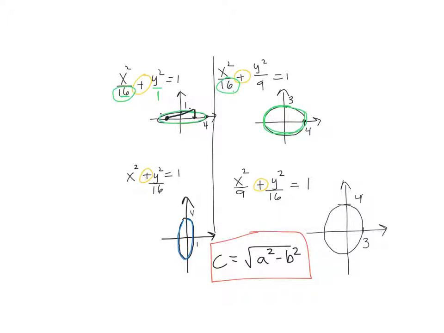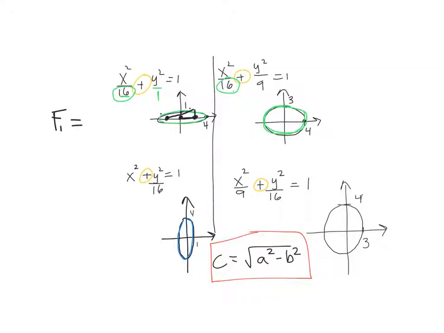Okay, so for the foci, first of all, we decide: is it opening horizontally or vertically? In this case, since it opens horizontally, the major axis is along the x-axis, that's a larger axis than the y-axis. So from the center, we're going over a certain amount, and that's c, and we stay at the same point as the center for the y.